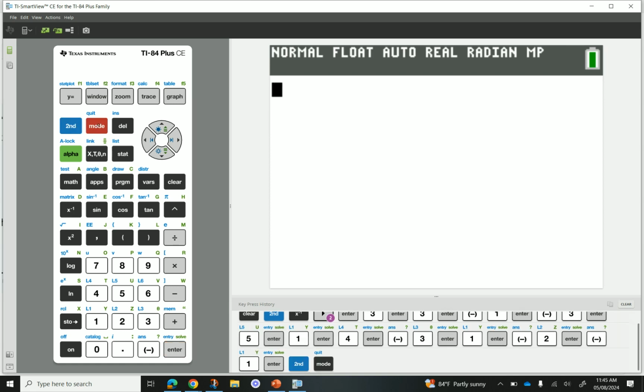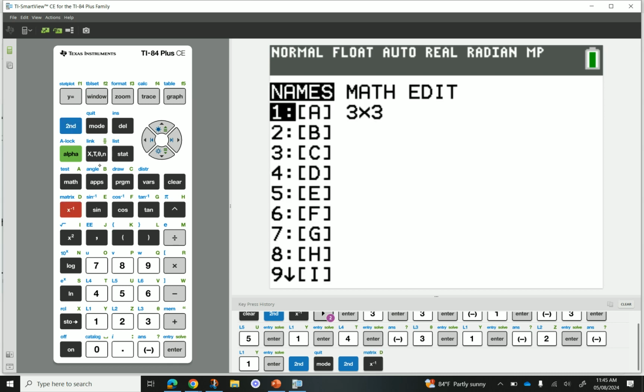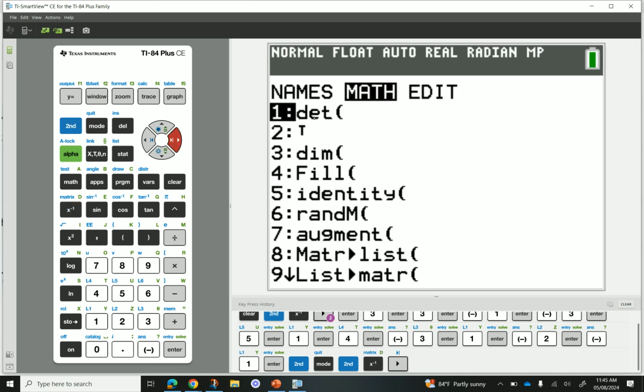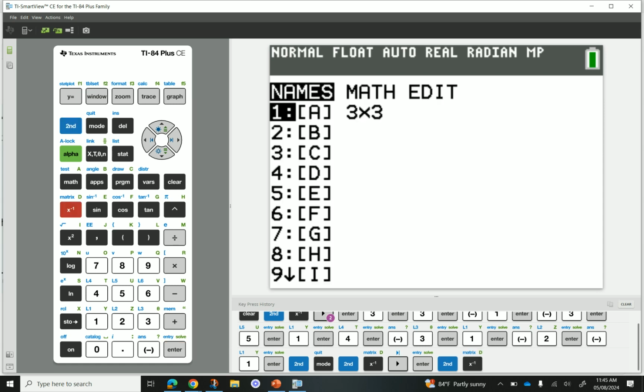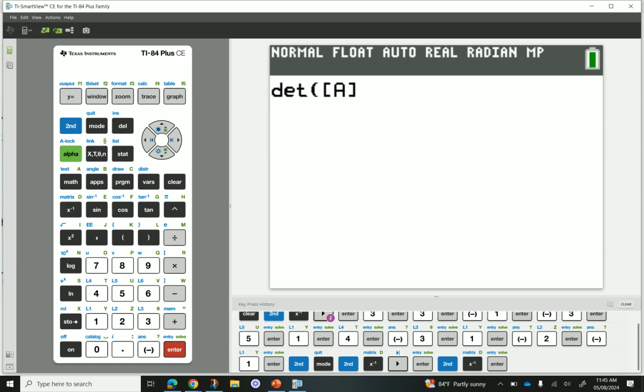So we're going to clear out of here. So second mode. Go back to my matrix menu. Go over to math. It is the very first option, which is determinant. And then go back and pick the matrix we just put in there. I used A. And then enter. Make sure you're getting -14 for that one.